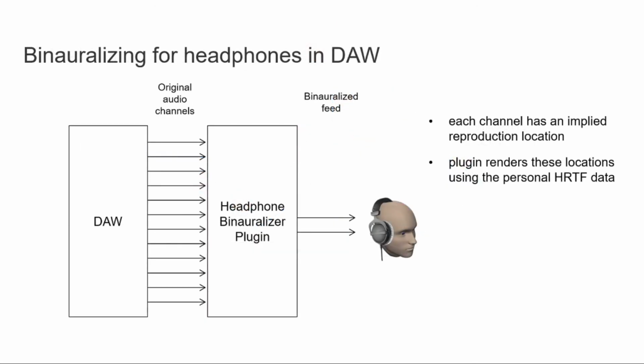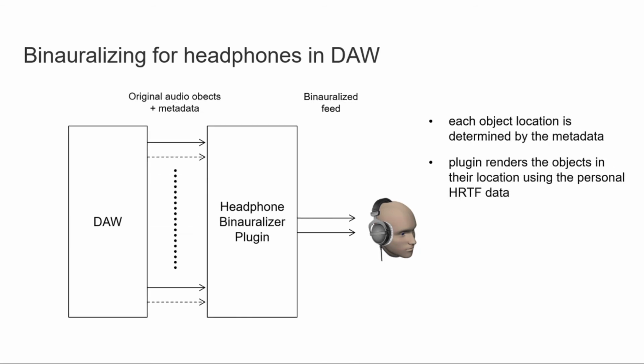If we have the traditional channel-based audio system layout, the processing engine, for example, a plugin in a DAW, receives all the channels and generates a two-channel binaural composite feed for the headphone. The same principle applies to modern object-based audio formats where the metadata specifies the direction of audio.